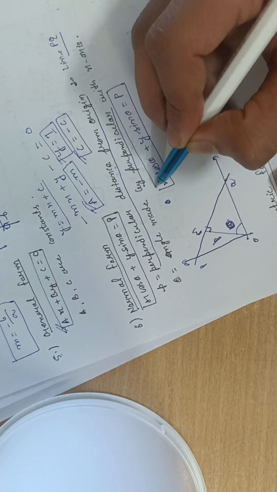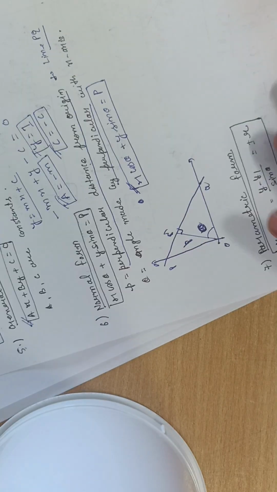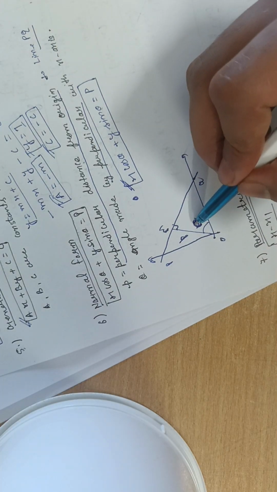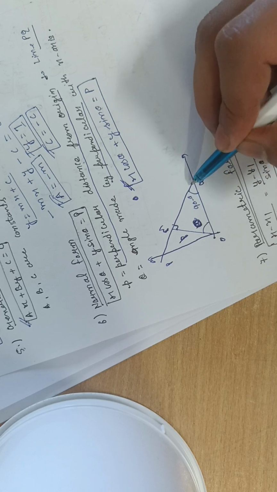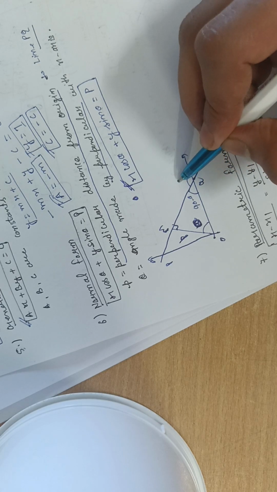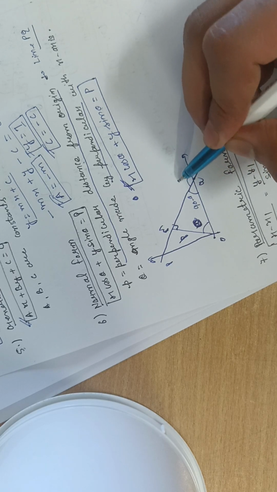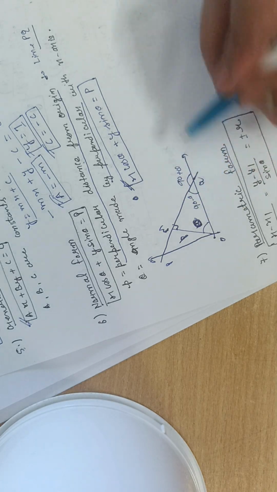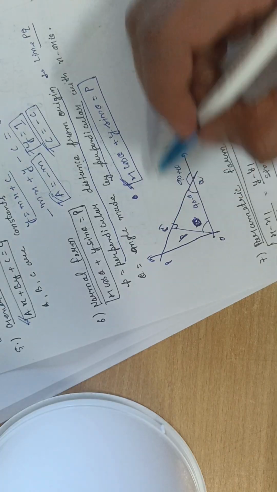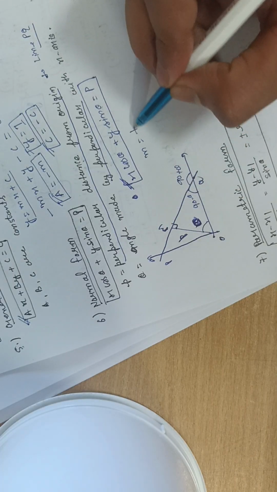If you want, I will derive it just to see. Suppose that this is theta, this is 90 minus theta, and this is again 90 plus theta. The whole sum is 180.